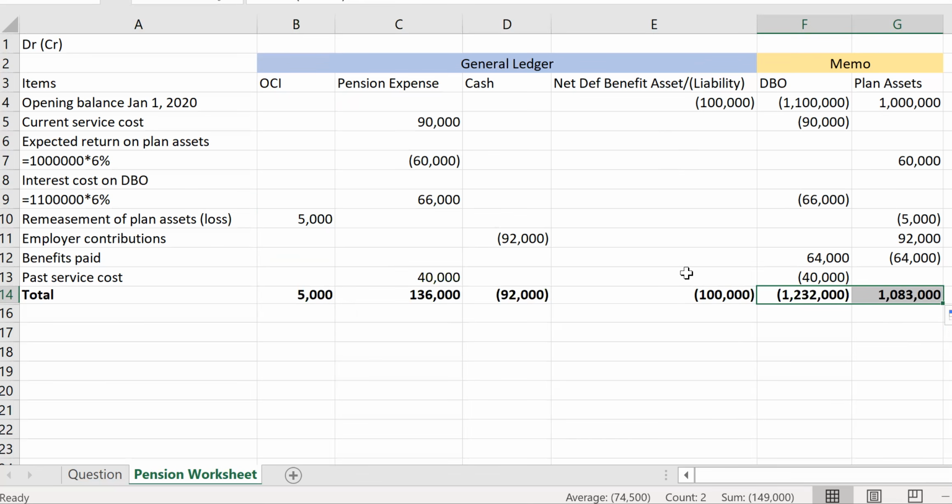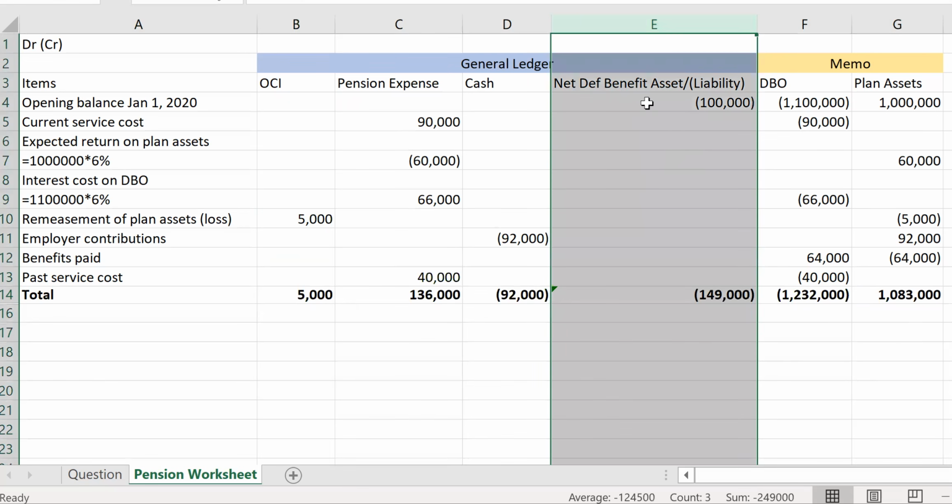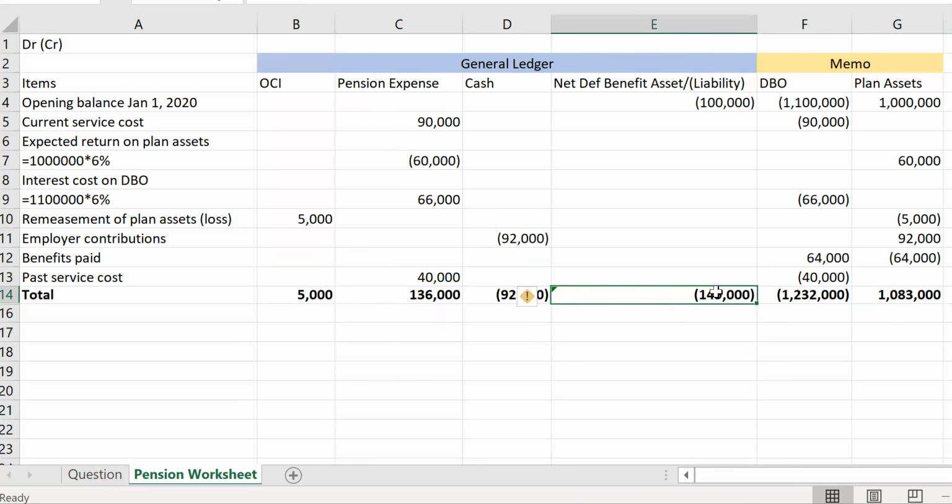So now this is going to be our new plan deficit, which is going to be the difference between these two things. And this is what we are going to record in the financial statements of the corporation itself. So this is going to be a liability on the statement of financial position showing that we have underfunded the defined benefit pension plan by $149,000.